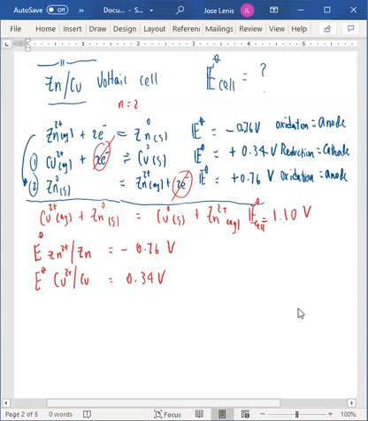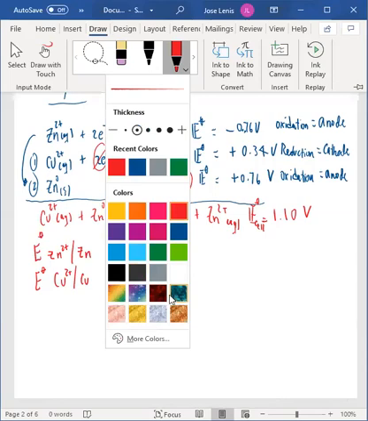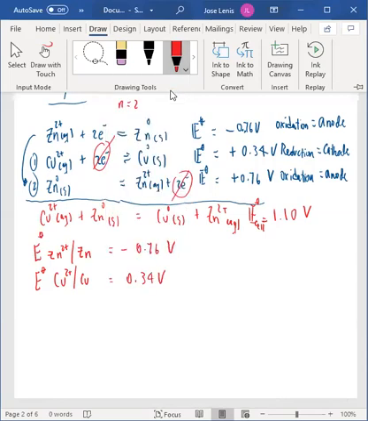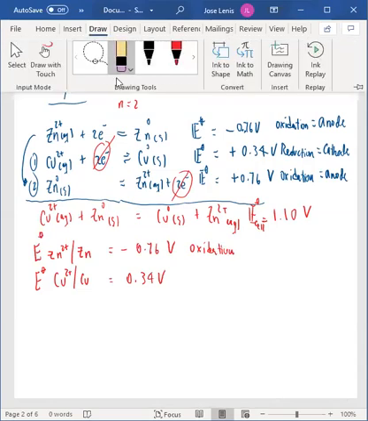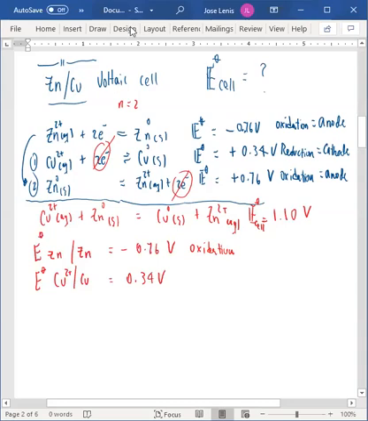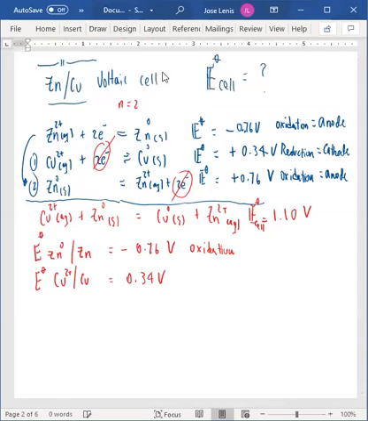However, since we know now that zinc is going to be oxidized, we should write it zinc metal to zinc 2+, that's oxidation.